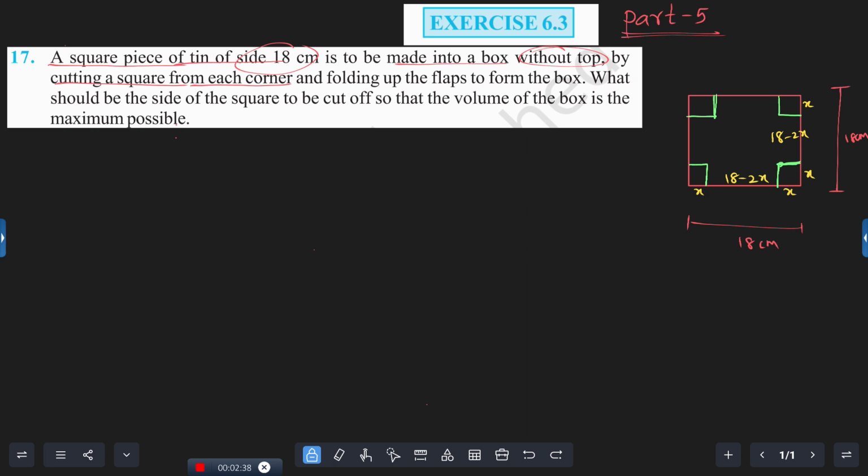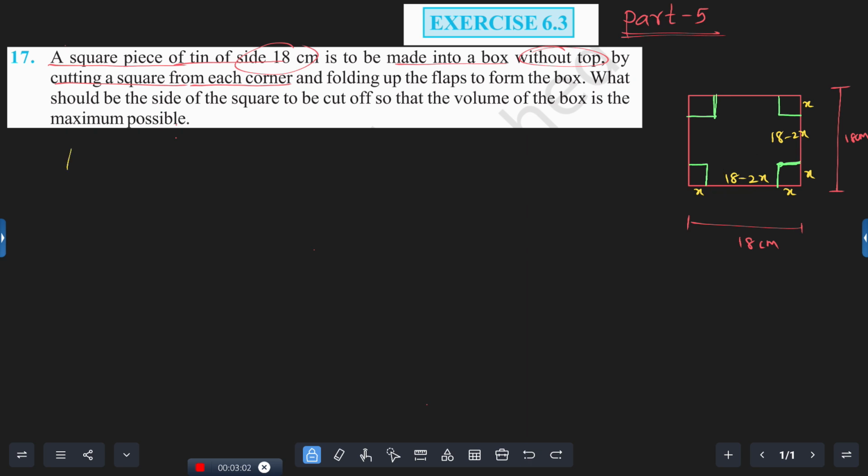So listen carefully. It forms a cuboidal box now. Why is it a cuboidal box? Length and breadth are equal, but height is different. Height is x. So this is a cuboidal box only.